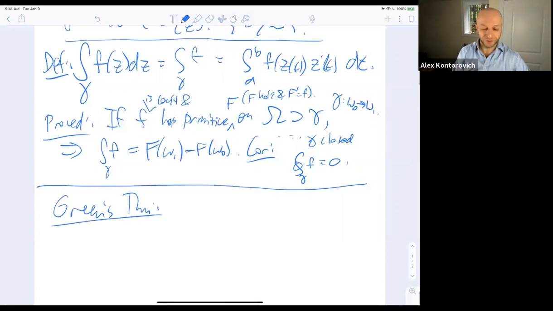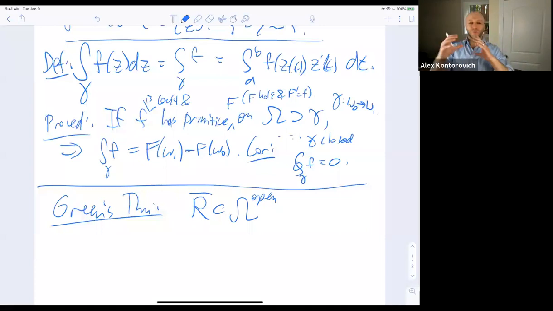Just from real variables. We have a curve. I have a region R whose closure is inside an open set. I always like to have a little bit of room so that I'm never worried about what's happening at the boundary. The boundary of the region is a curve gamma that encloses something.